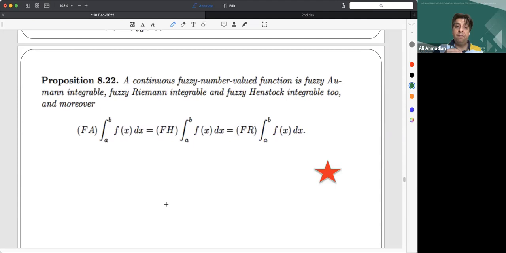I just want to give you an important proposition that all these definitions, fuzzy Riemann, fuzzy Henstock, fuzzy Aumann, are actually equal if we have a continuous fuzzy function.